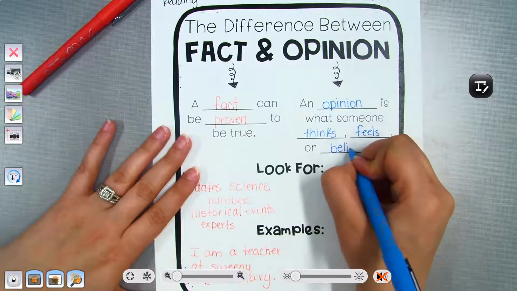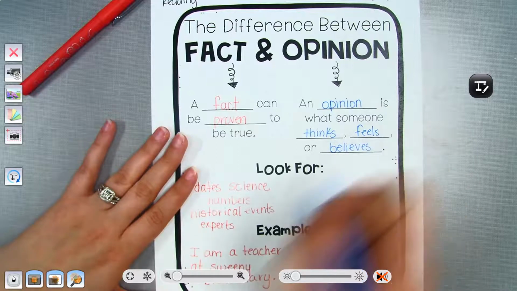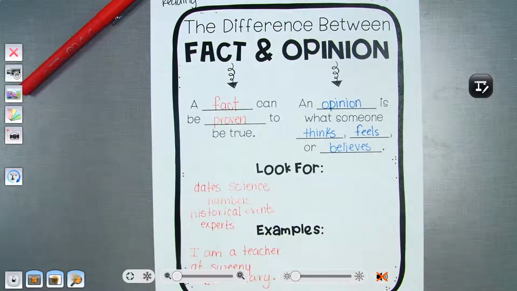This should kind of remind you of our argumentative text. The author is trying to get us to think, feel, or believe what he believes, or how he feels or how he thinks. So an opinion is how someone thinks, feels, or believes.